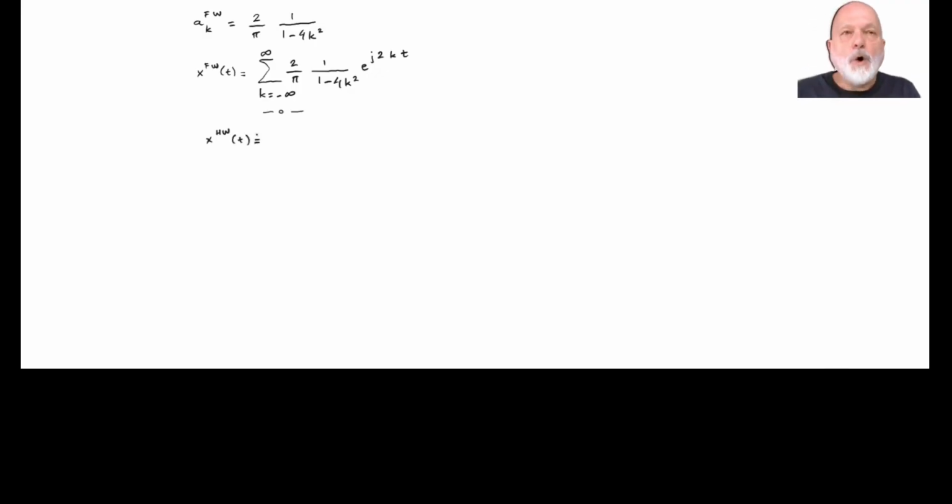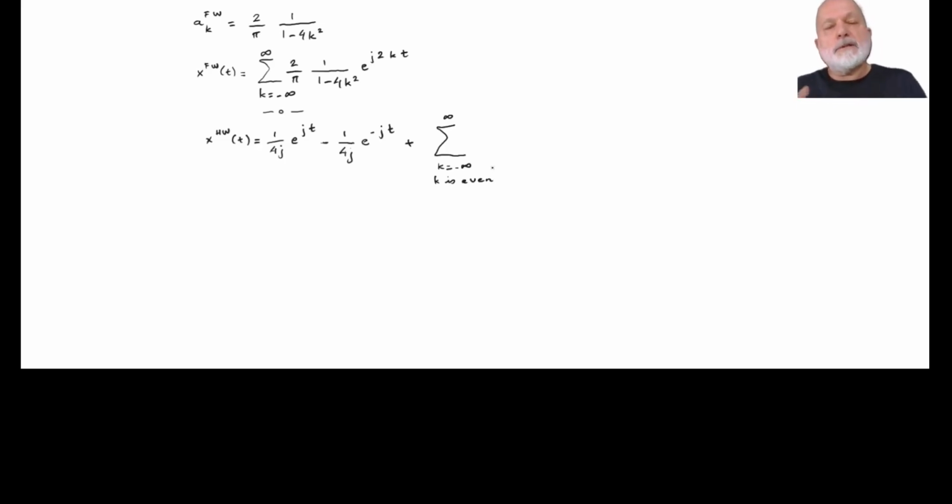Remember, for coefficients with odd indices, all the coefficients are 0 except a1 and a minus 1. a1 is equal to 1 over 4j, and the corresponding complex exponential is e to jt, and a minus 1 is minus 1 over 4j, e to minus jt, plus the sum with k running from minus infinity to plus infinity, but we are only going to consider the even values of k, because the coefficients corresponding to odd k are all 0 except a1 and a minus 1.